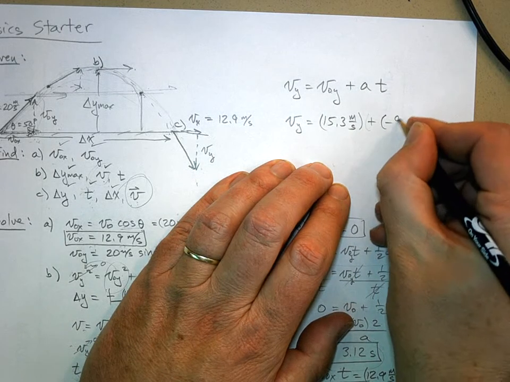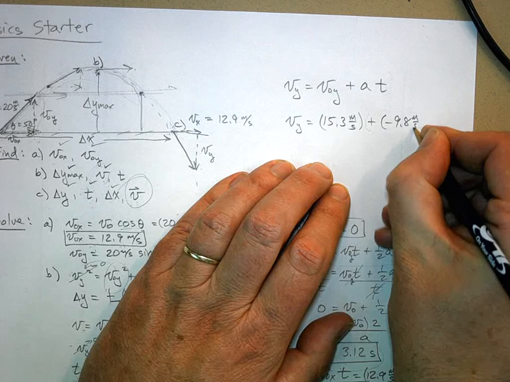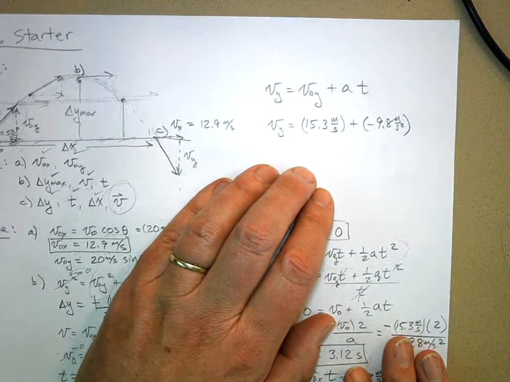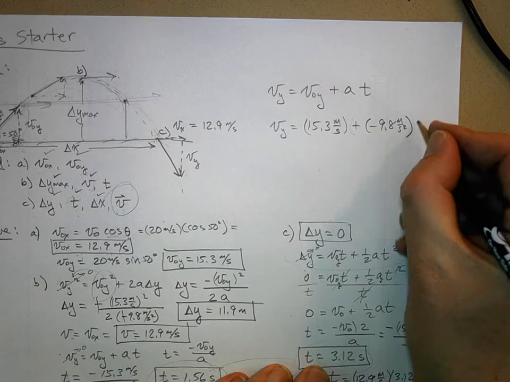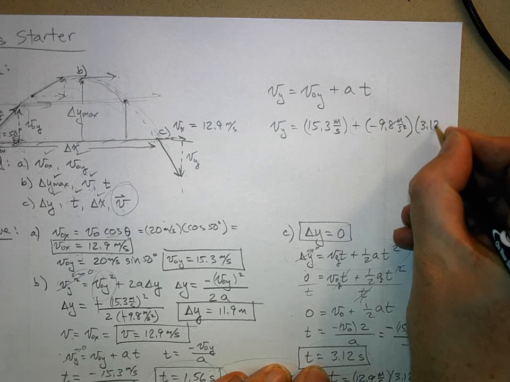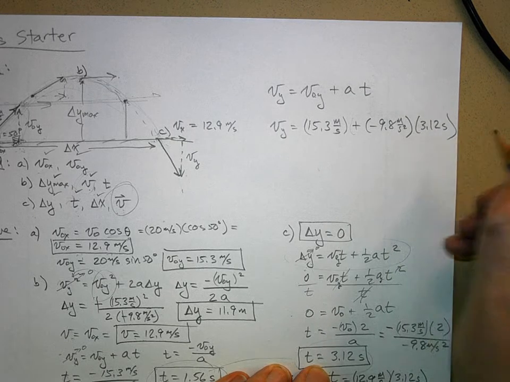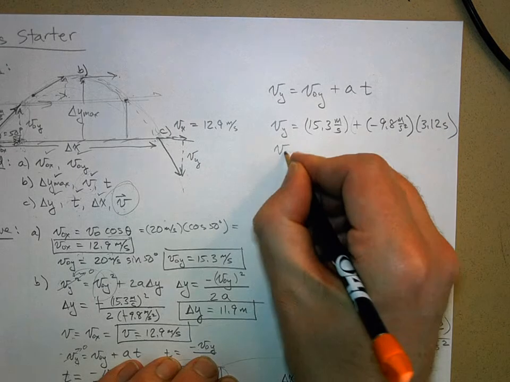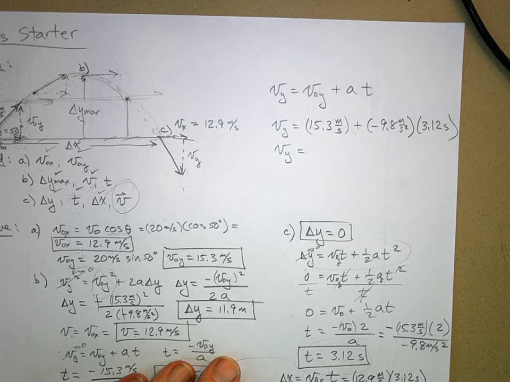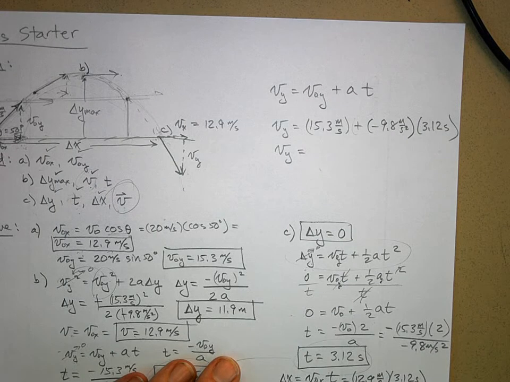Negative 9.8 meters per second squared. And what's the time? 3.12 seconds. Okay, so let's plug our values in. 15.3 minus negative 9.8 times 3.12.